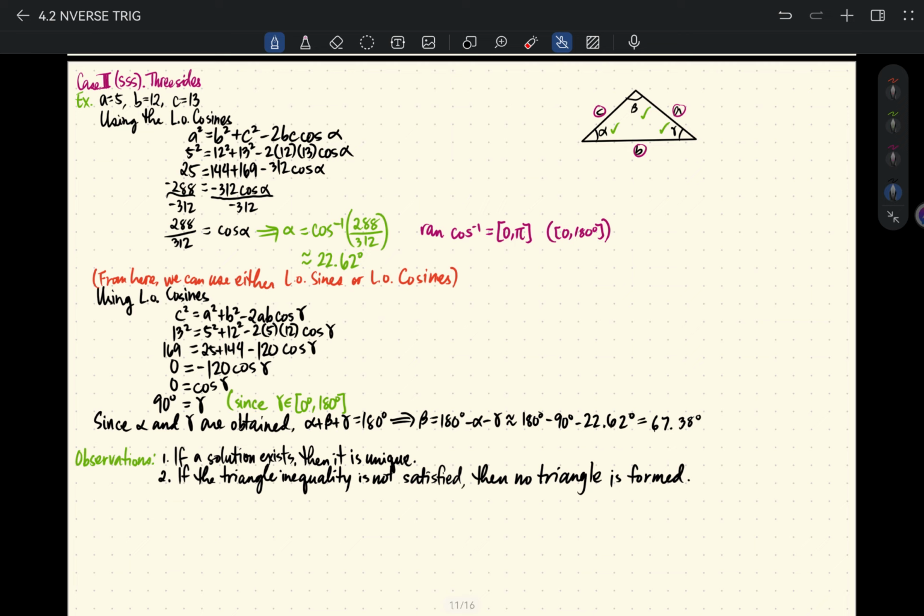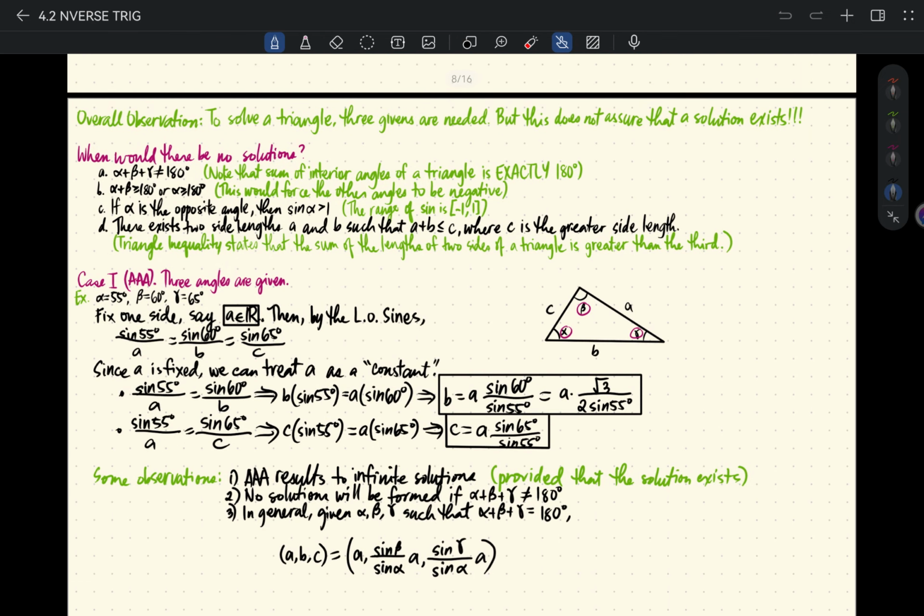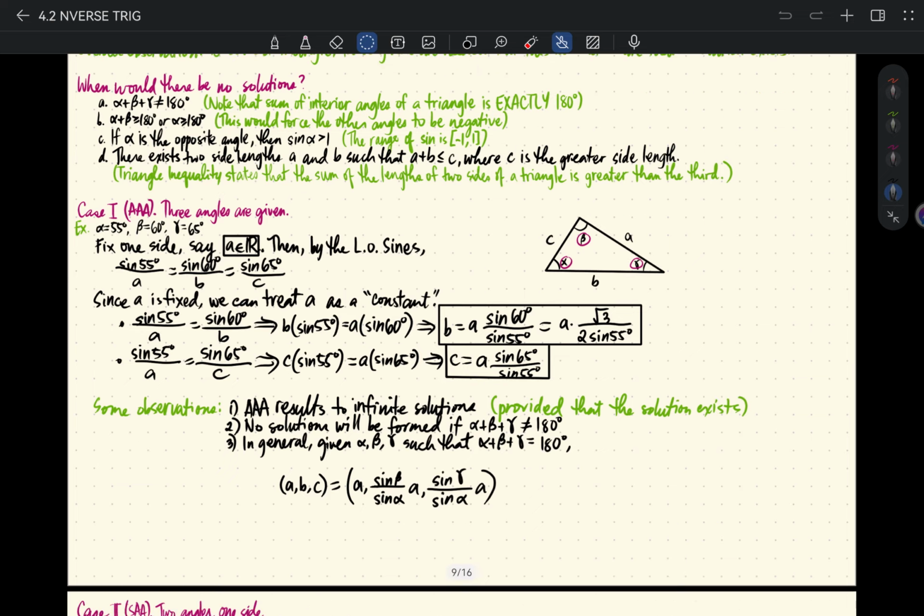So, equivalently, what does this mean? If we go back to this one right here, if you can find two side lengths A and B such that A plus B is less than or equal to the greater side length, then you don't have any solution. So maybe I can just copy this one right here so that I don't have to write the entire statement.